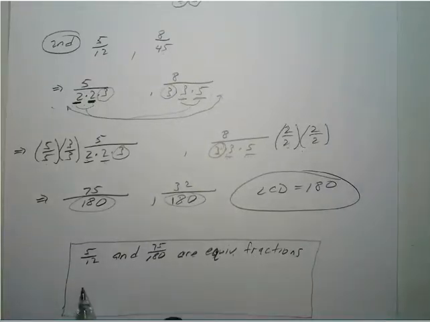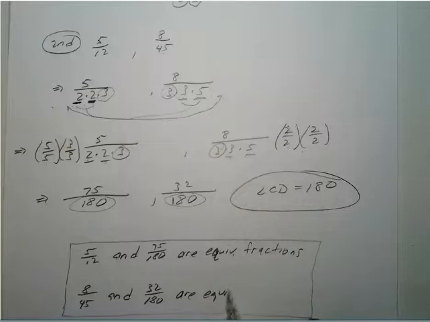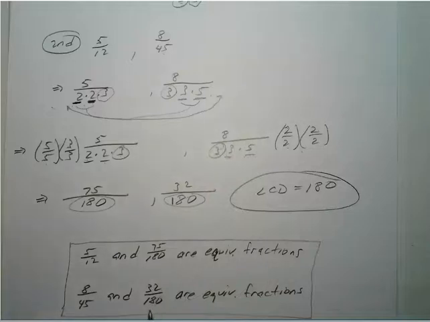And we also know that 8 over 45 and 32 over 180 are equivalent fractions. Okay, so if you simplify 32 over 180, you'll get 8 over 45. And if you simplify 75 over 180, you'll get 5 over 12. Okay, so those are both equivalent fractions.